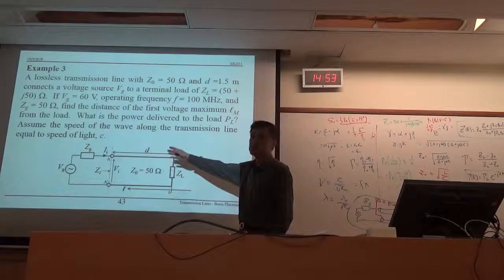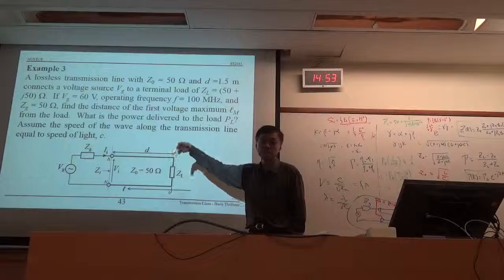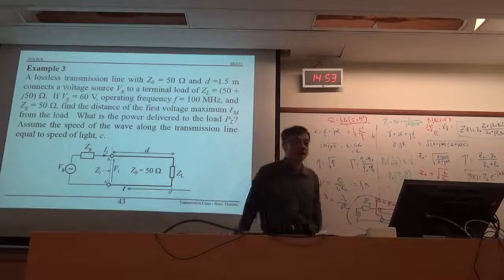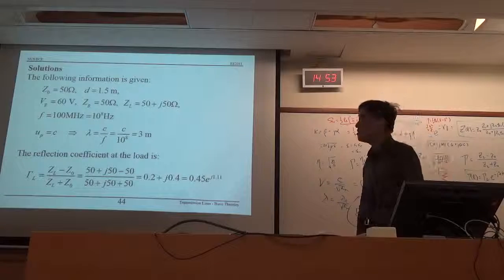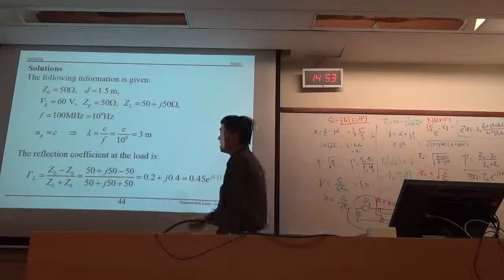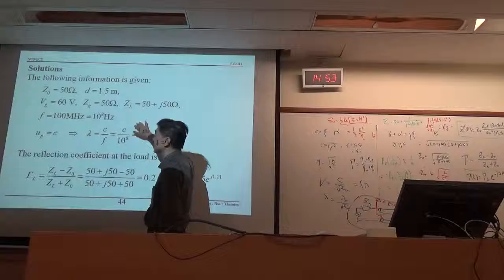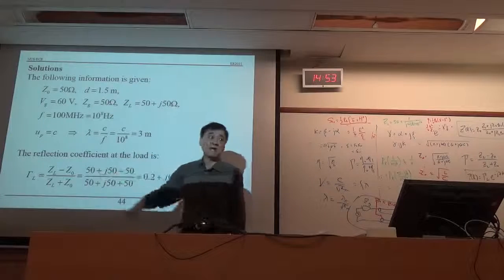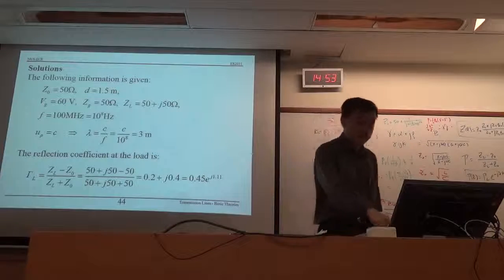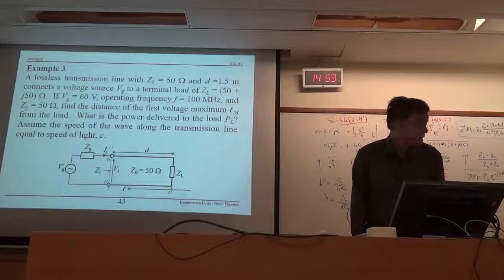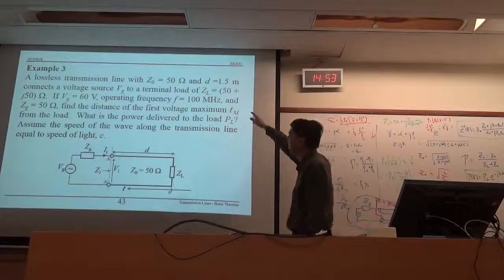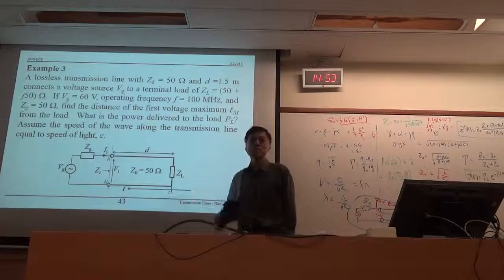So the velocity is c, and the wavelength is just lambda, or lambda naught. The following information is given. Lambda is equal to 3 meter. Now, at this point you need lambda. Why? Because the length d is given as 1.5 meter.